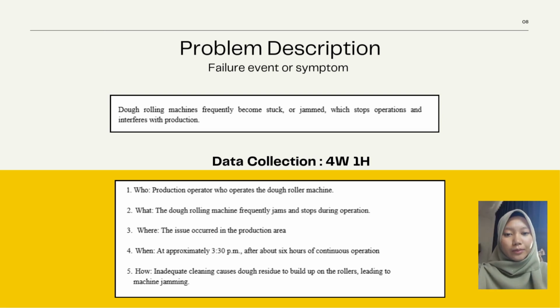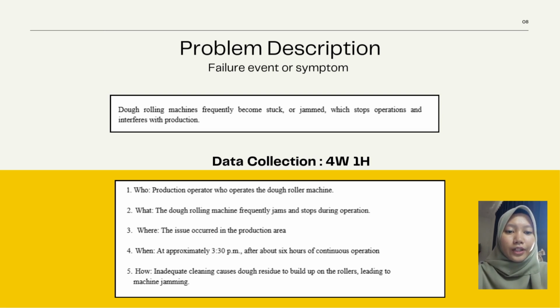So we go to step number 2, which is data collection. Data was collected by using the 4W1H method. First is who: the production operator who operates the dough rolling machine, which is the person related to the machine. Number 2 is what: the dough rolling machine frequently jams and stops during operation, which is exactly the same as the problem description.